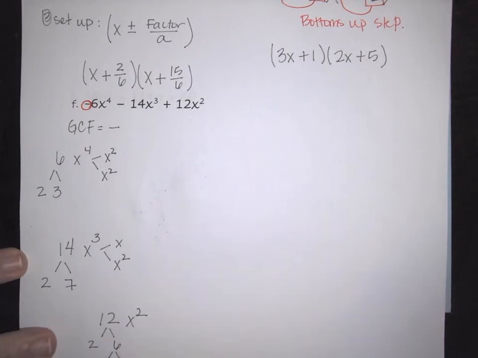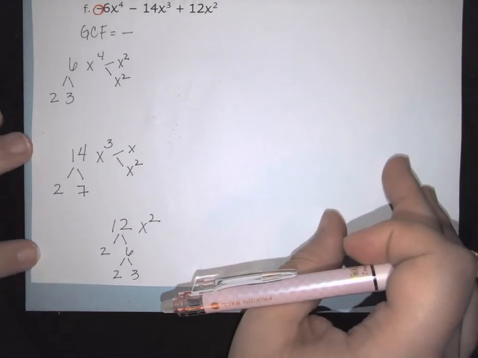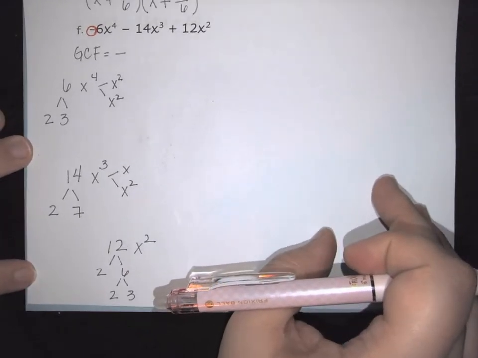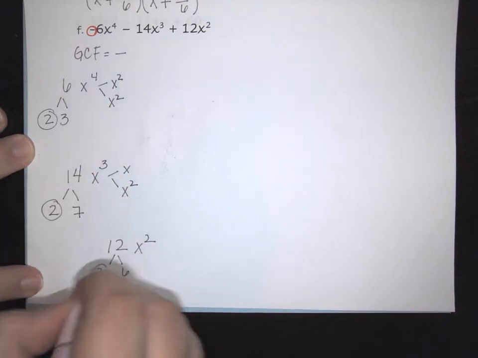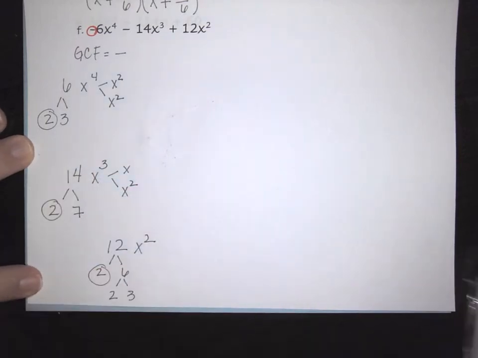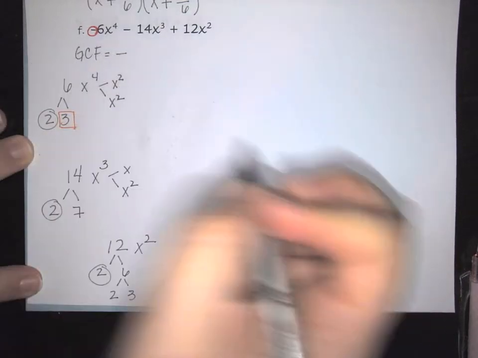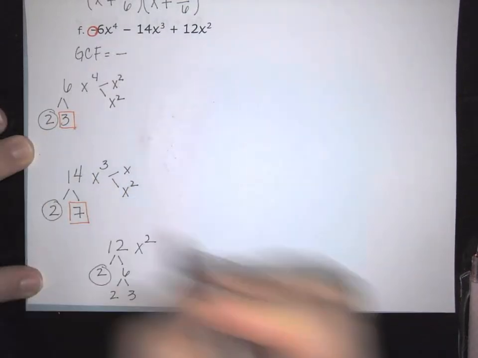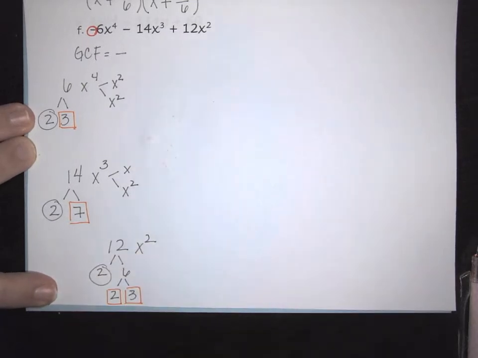The first thing I need to do is identify my numbers that are common. So here I have a 2, a 2, and a 2. Once you identify the numbers in common, we need to look at the numbers left over. What's left over is the 3, the 7, the 2, and the 3.